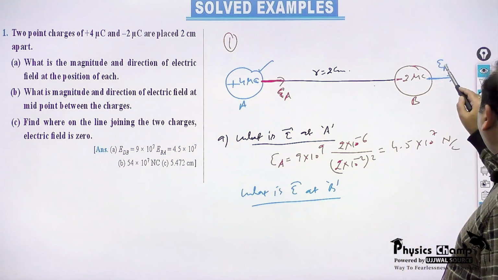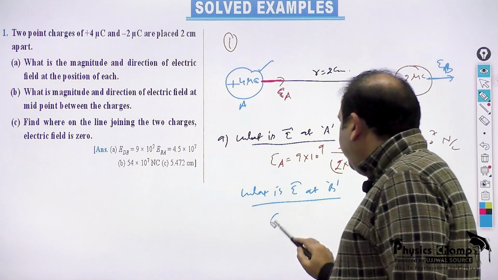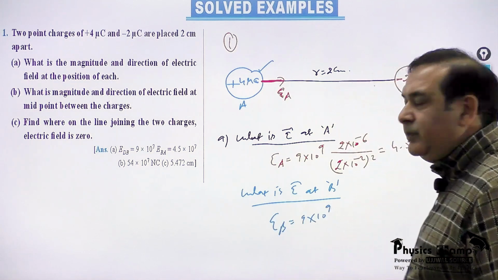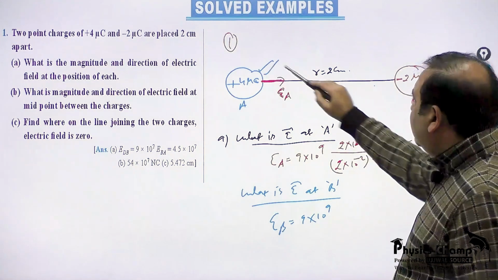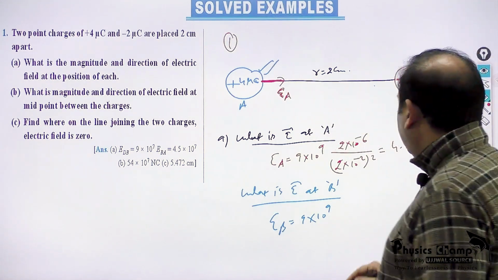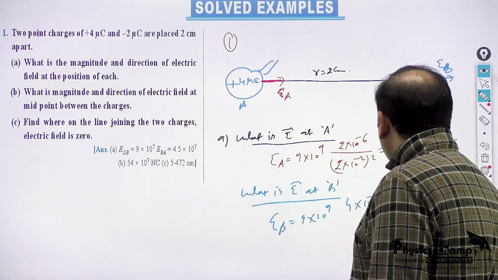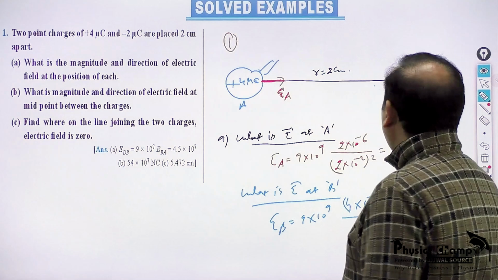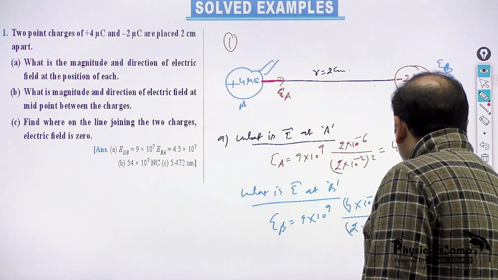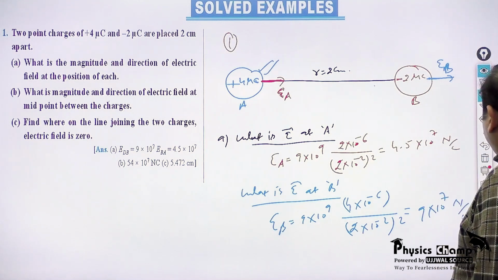I would call it EB, electric field at B. So electric field at B will be 9 into 10 to the power 9, and the reason is this: only this 4 microcoulomb will provide electric field at B, into 4 into 10 to the power minus 6, divided by 2 centimeter square. So the answer is 9 into 10 to the power 7 Newton per Coulomb.